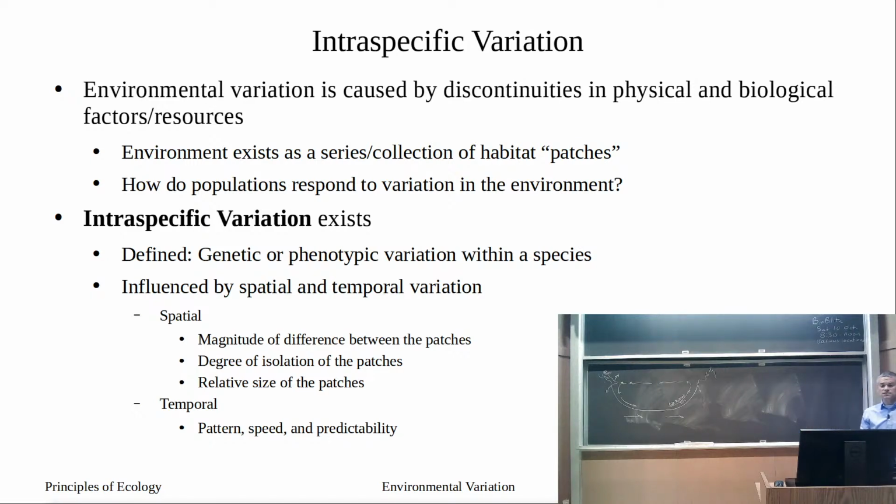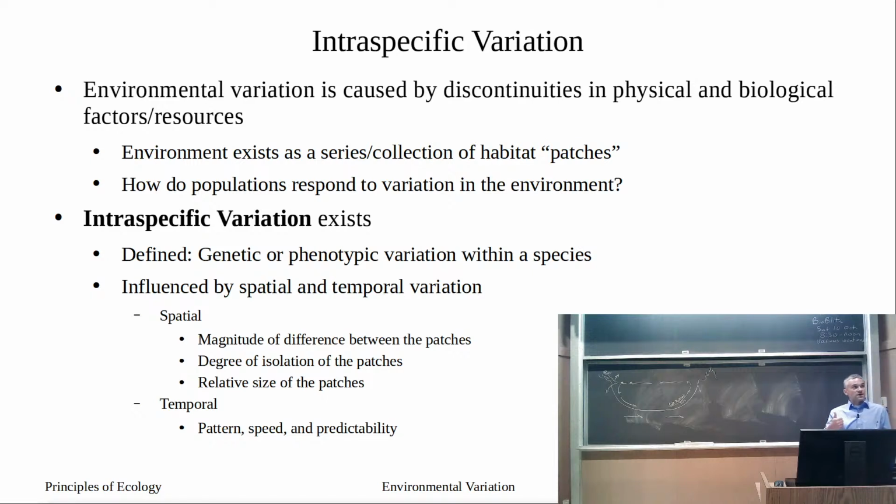Now, what causes this variation? It's going to be influenced by both the spatial and the temporal variation that our species encounters. It could be encountering it over an evolutionary time span, or it could be the variation that it sees today or yesterday. The spatial variation that we're interested in is the magnitude of the differences between our habitat patches.